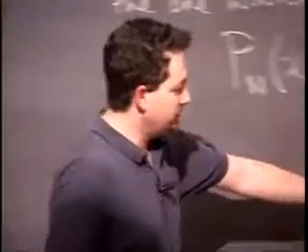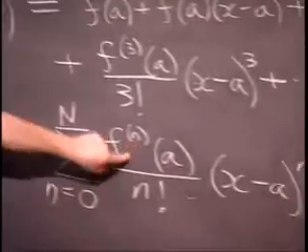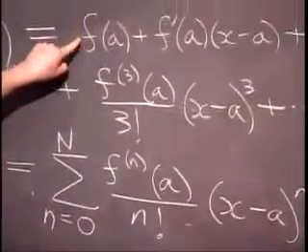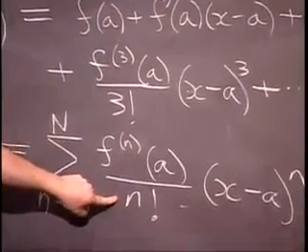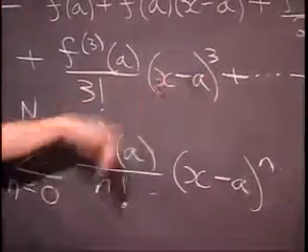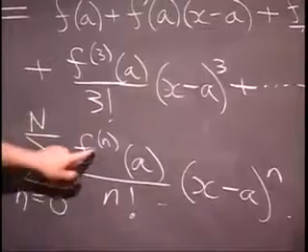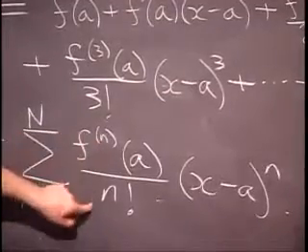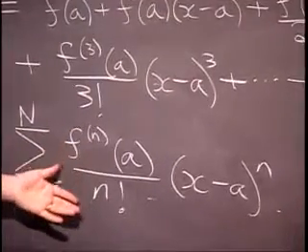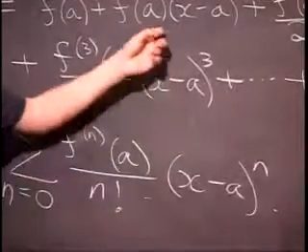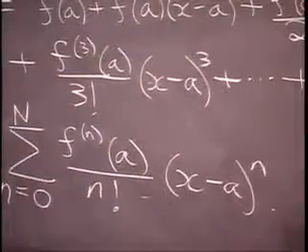Notice when n equals 0, the 0th derivative is just the function f of A. 0 factorial is 1, and the 0th power is 1 as well. So when n equals 0, you just get f of A. When n equals 1, you get the first derivative divided by 1 factorial, which is just 1, times x minus A. So you do get that, and then all the other terms.